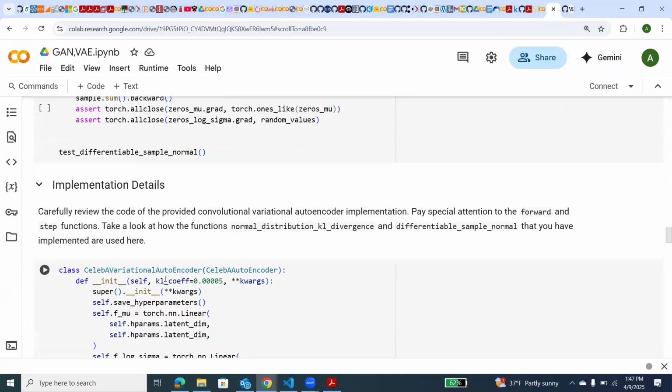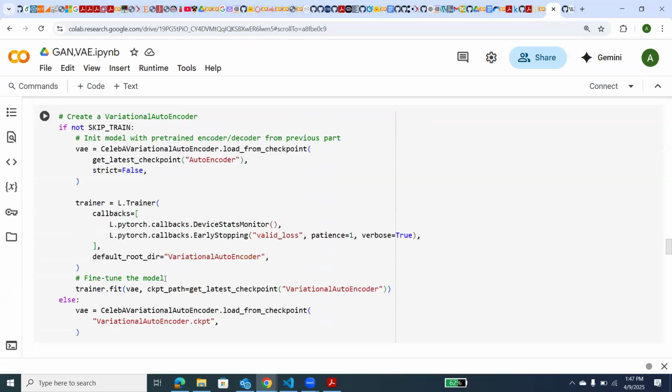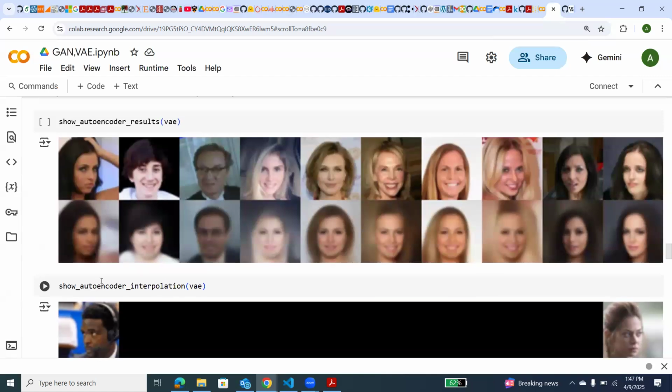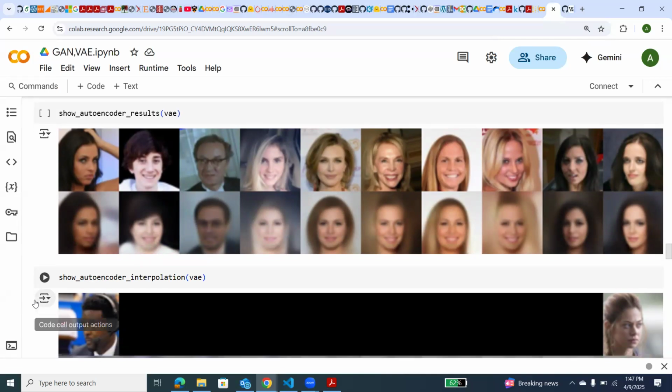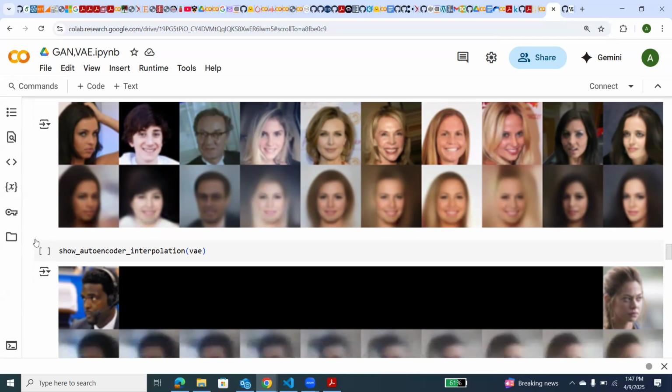Let's look at the results. This is the reconstruction. Well, it was trained for just 4 or 5 epochs, but in general, the variational autoencoder has these blurry reconstructed images.